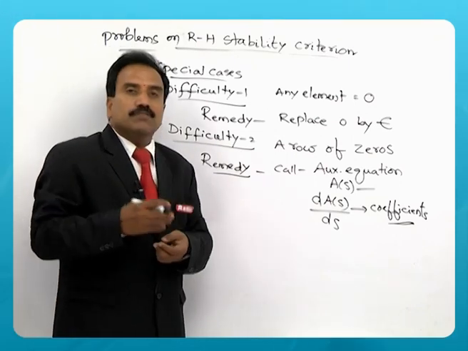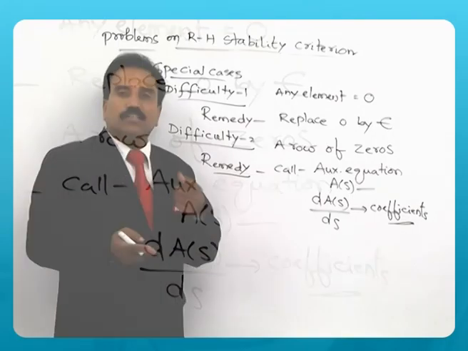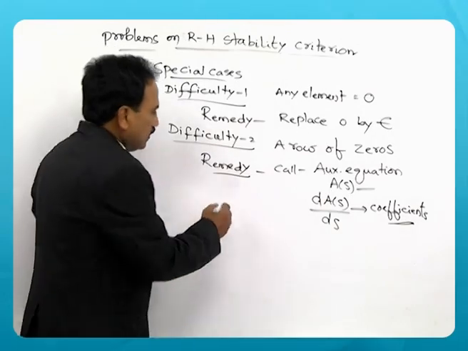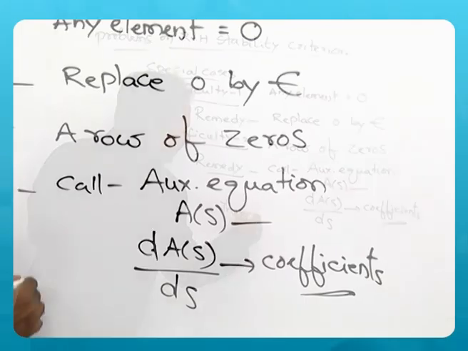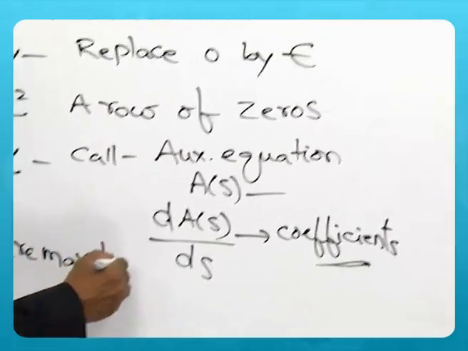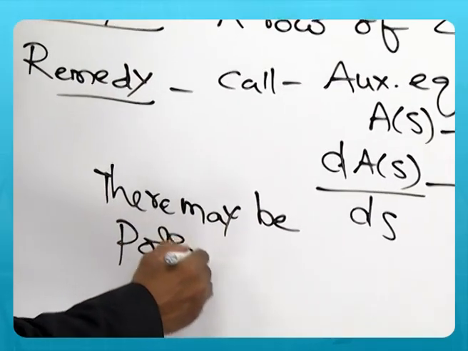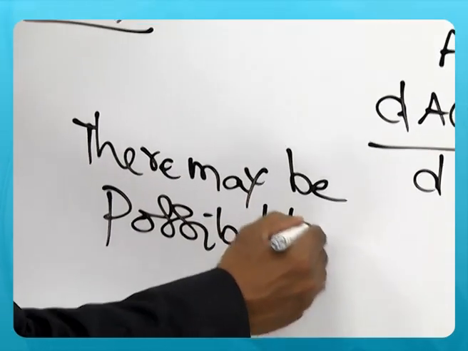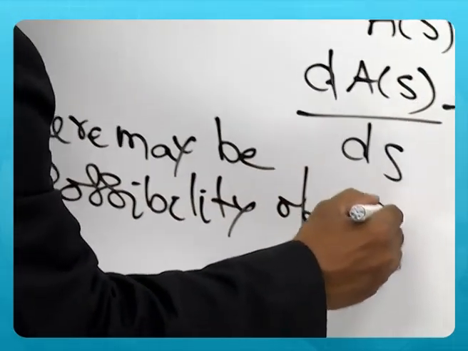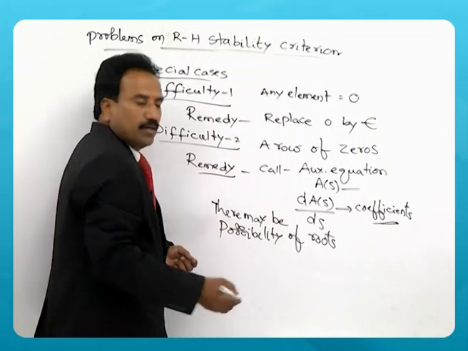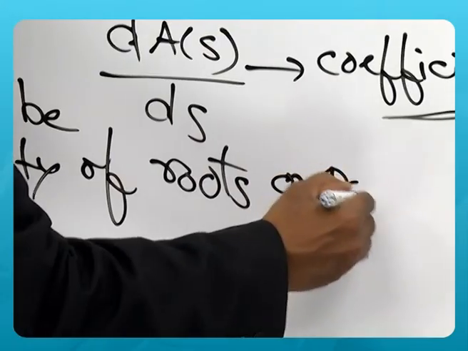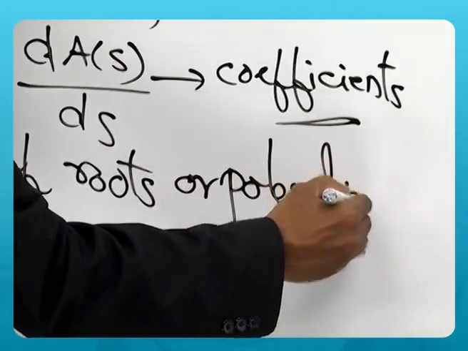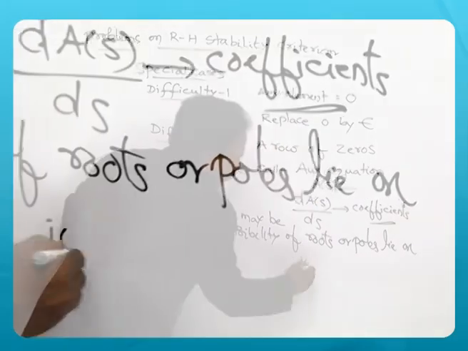Now, what is the information you have when you get an auxiliary equation? That indicates there may be a possibility of roots or poles lying on the j omega axis.